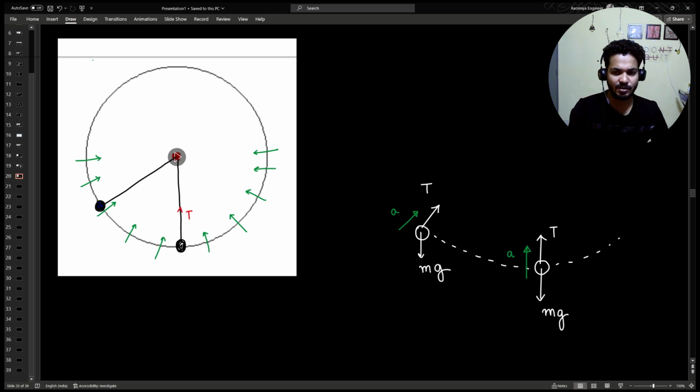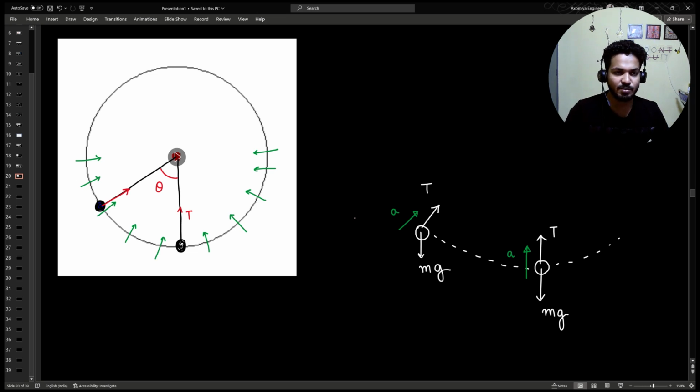Now if I had to write an equation, depending on any time, let's say this angle right here is theta. Usually we measure the angle that the string makes with the vertical direction, and we define it as theta. In that case, can you write an equation for the centripetal acceleration using NLM?